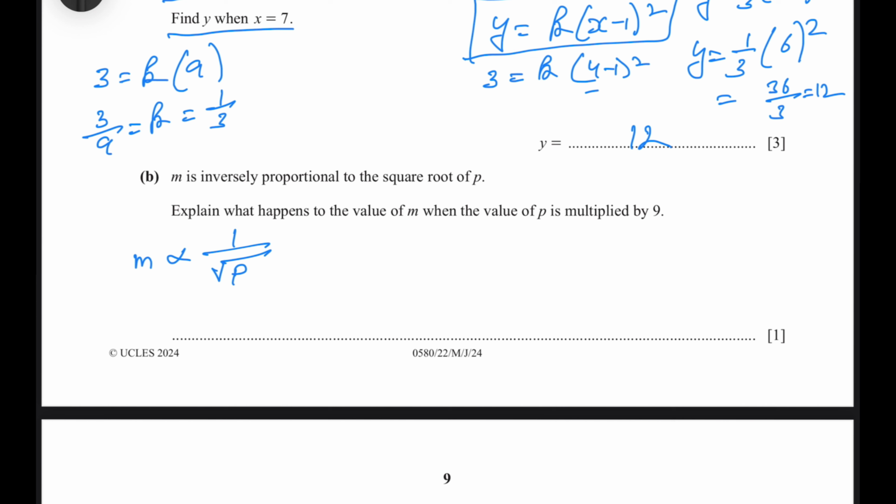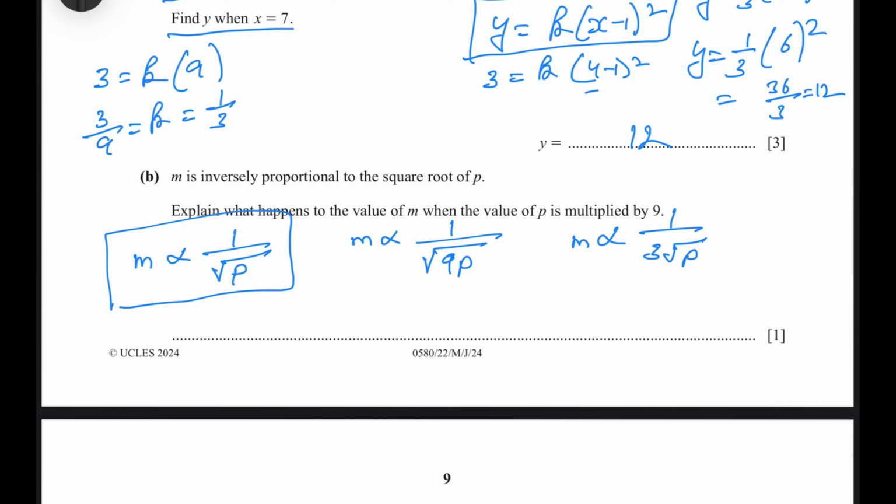So m is proportional to 1 by root p. Now p becomes 9p, so we take root 9 out, which is 3, so m is now proportional to 1 by 3 root p. If you compare it with the original, m proportional to 1 by root p, now this is 1/3. So basically, what happens to the value of m? You can write that it is multiplied by 1/3, or divided by 3.